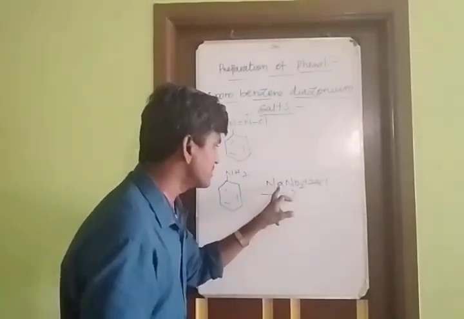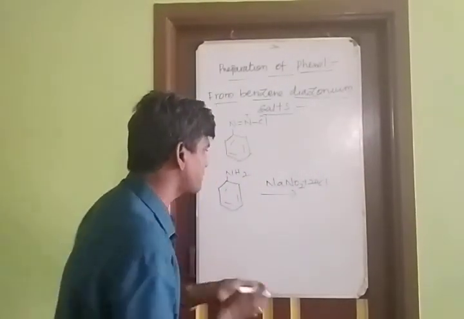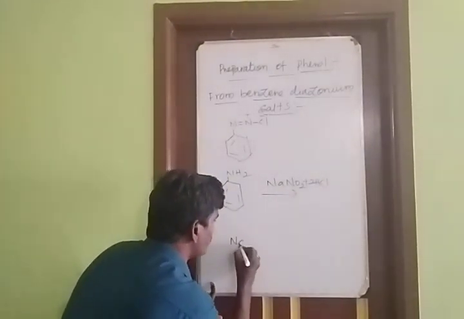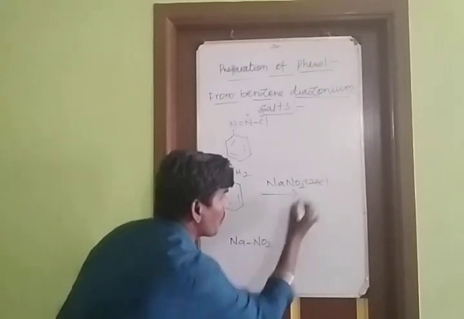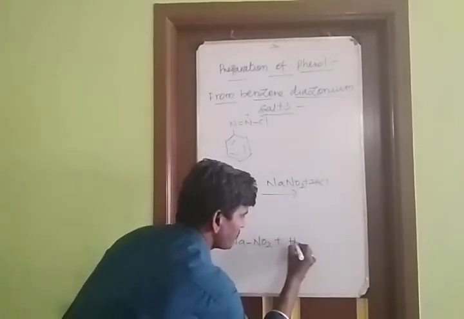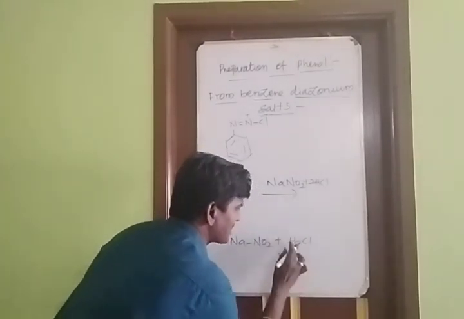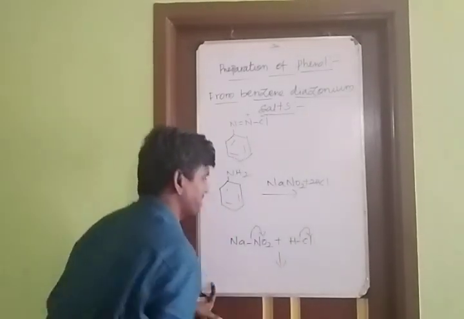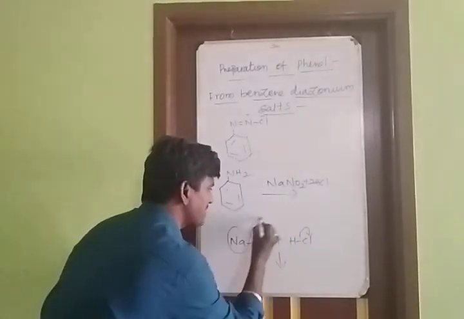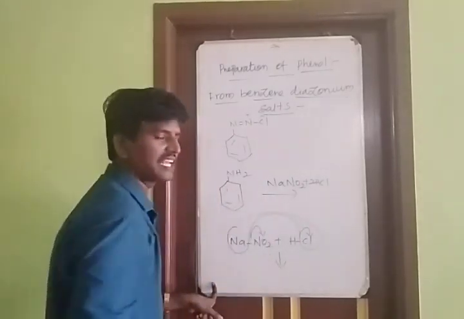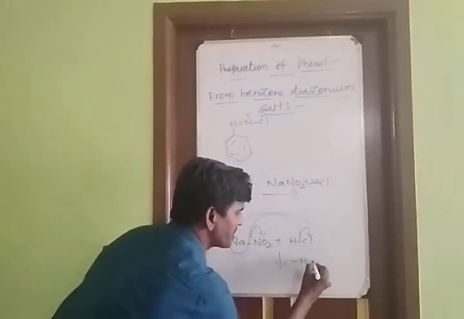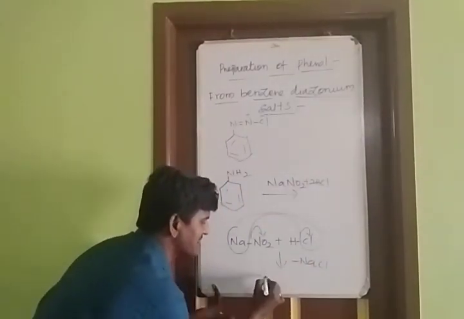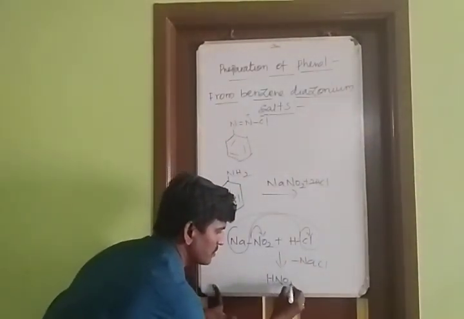Are you clear? This NaNO2 reacts with HCl. 2 moles of HCl. Listen here. NaNO2, first 1 mole of HCl. Compare hydrogen and chlorine. Cl minus, here NO2 minus. This Na plus combines with Cl, NaCl is removed. What's the charge of H? Plus, NO2 minus, HNO2.